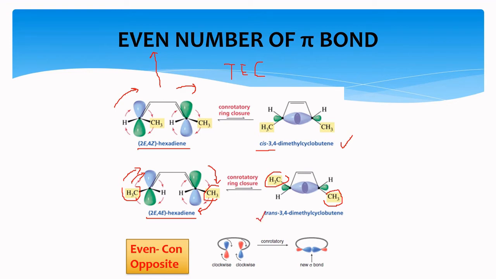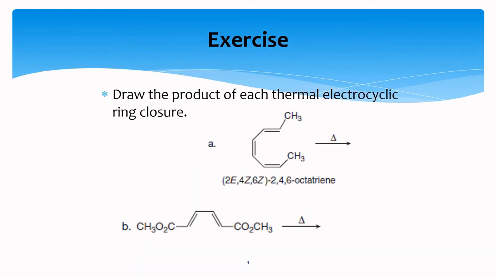Normally when we have an even number of pi bonds in an electrocyclic thermal reaction, it will undergo conrotatory fashion, and the light phases are usually opposite to each other. Okay, let's take a look at some examples here.